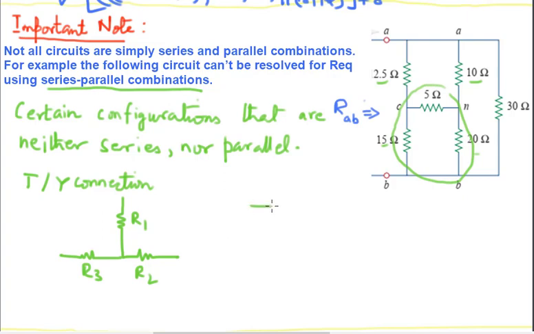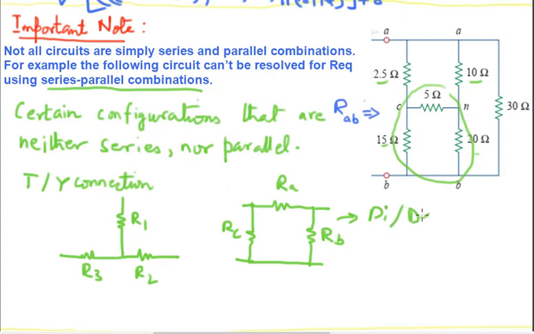Similarly, this kind of a circuit, if I draw it like this, and it has one node over here, one node over here, and one node over here, and let's call them RA, RB, and RC. This kind of a circuit is called a pi or delta network, delta connection. And this is also neither series nor parallel.